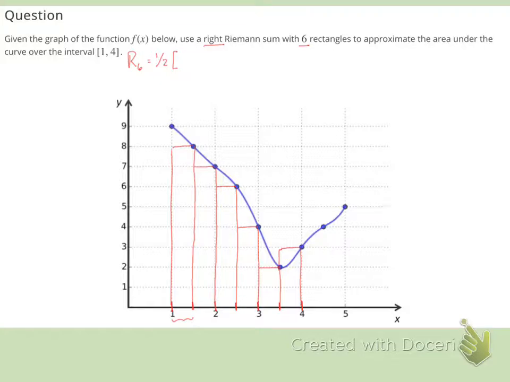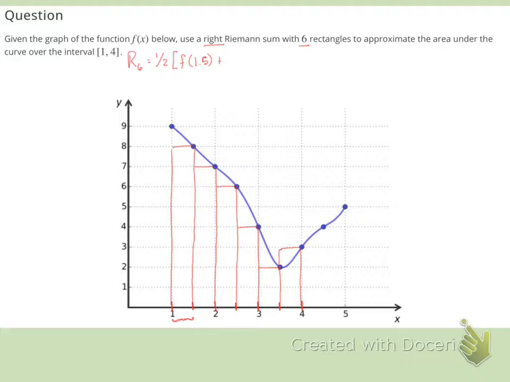So looking at this first rectangle again, the height came when x was 1.5 hitting the curve. And I can see that it's 8, but I'm still going to use a little bit of notation here. I am finding the value at 1.5, the right side of that rectangle.